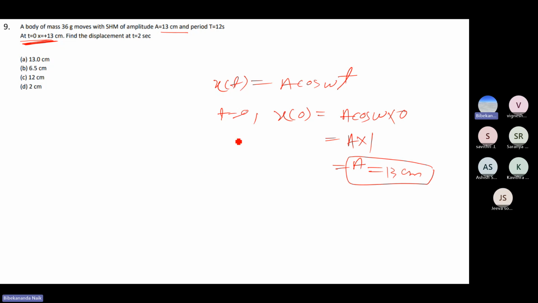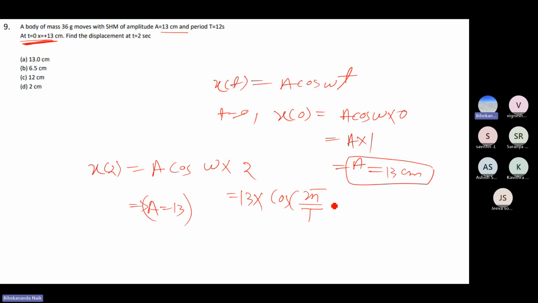So when time t equal to 2 seconds, then what will be the value? Then x will be A cos omega into 2. A is 13, so it will be 13 into cos omega, which is nothing but 2 pi by T, into 2.